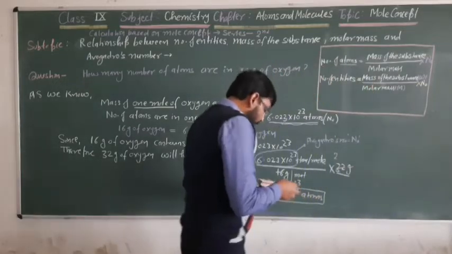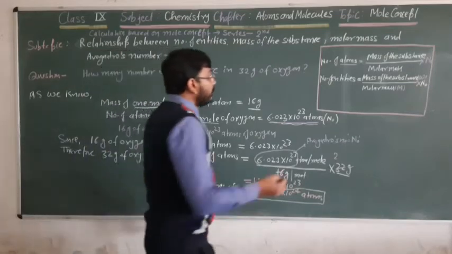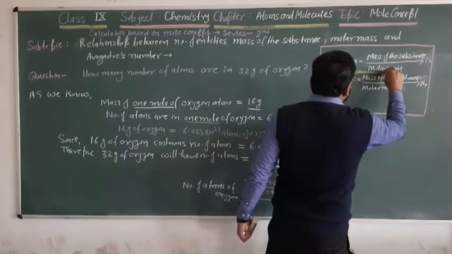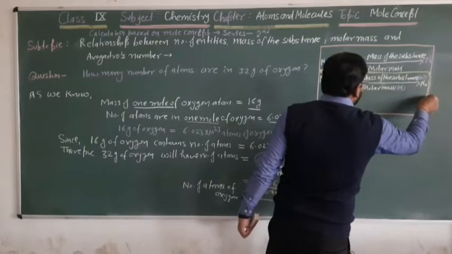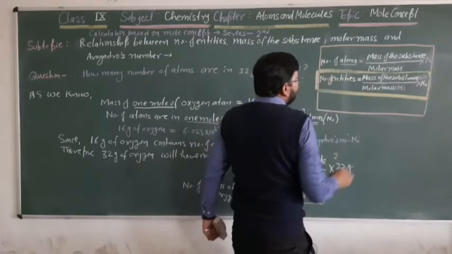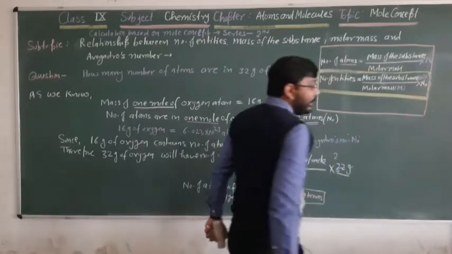So now we got one relation between the number of entities, mass of the substance, molar mass and Avogadro number.